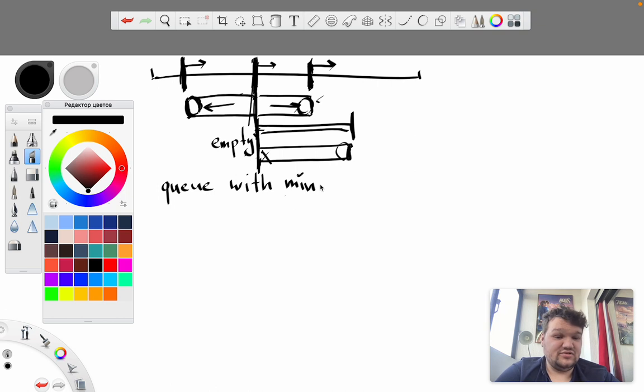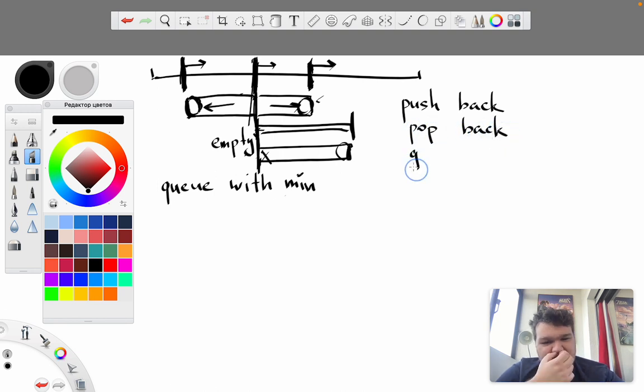How would we do that? Well, we start with implementing a stack with minimum. So we need to be able to push back, pop back, and get min. But that's kind of easy.